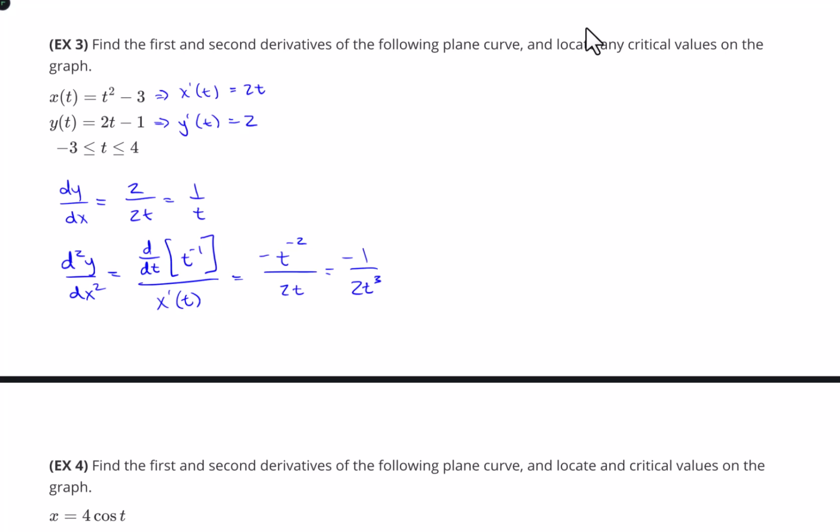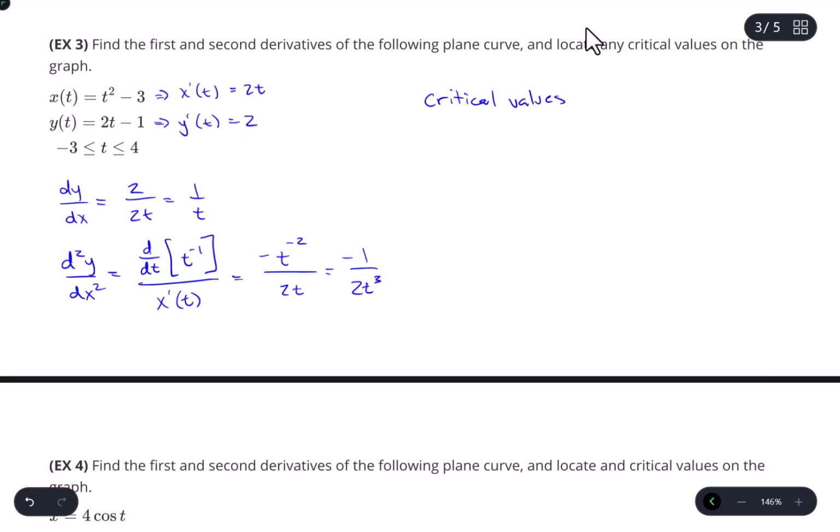The next thing that I want is the locations of critical values. So critical values are places where we could potentially have minima or maxima, but we're not labeling them as such. So the critical values could be the places where, in this case, either the derivative of the y component would be 0, or the derivative of the x component would be 0.